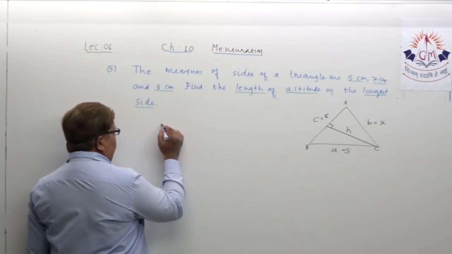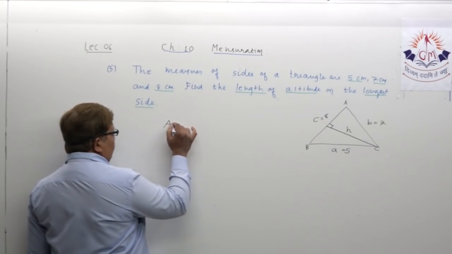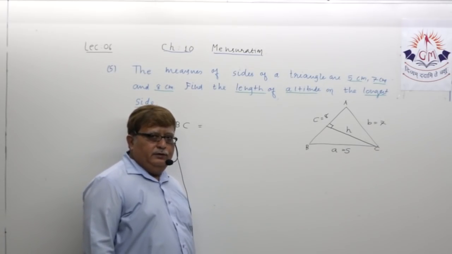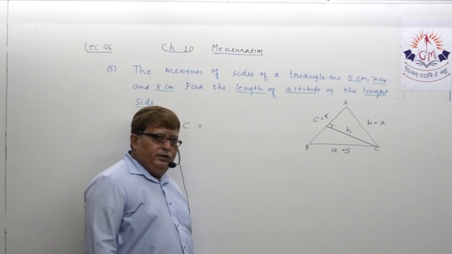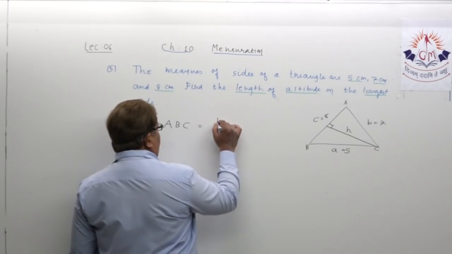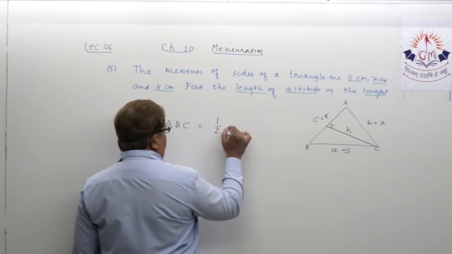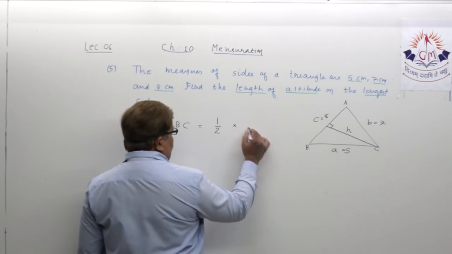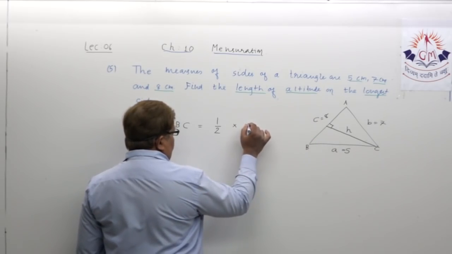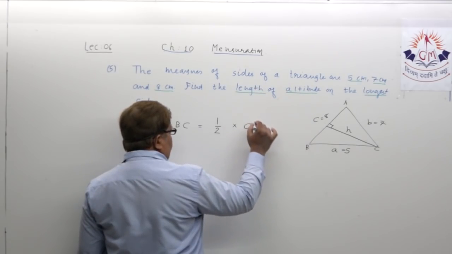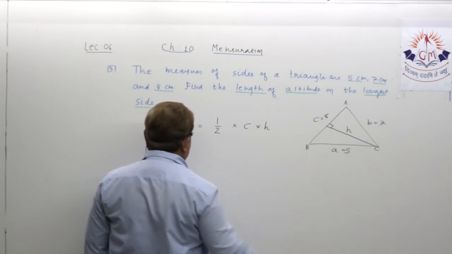Let us write another formula of area now. Now we will utilize that particular formula which we have been utilizing before. You understood Heron's formula. What is that? Area of triangle ABC equal to half into base. Base I am taking C because I have to find the altitude on the longest side, into altitude, means h.